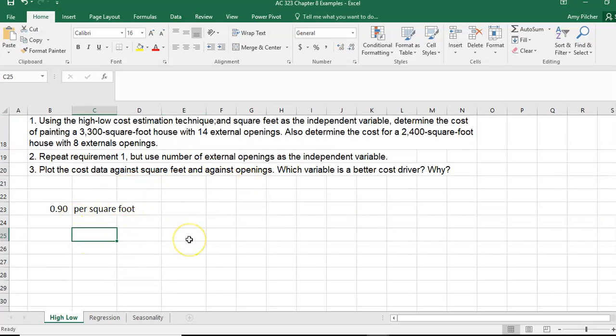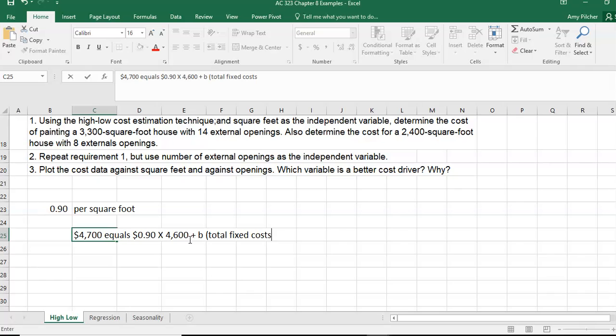So we would have $4,700 equals 90 cents per square foot times 4,600 square feet plus B, which is our total fixed cost that we're trying to solve for.